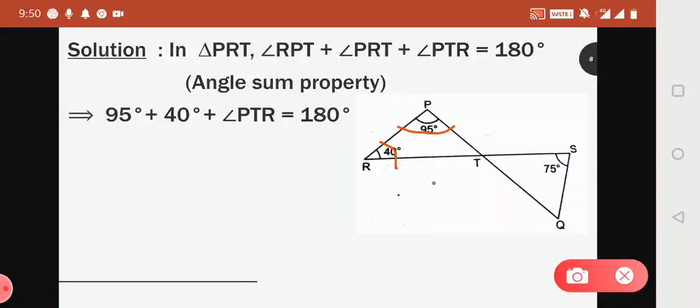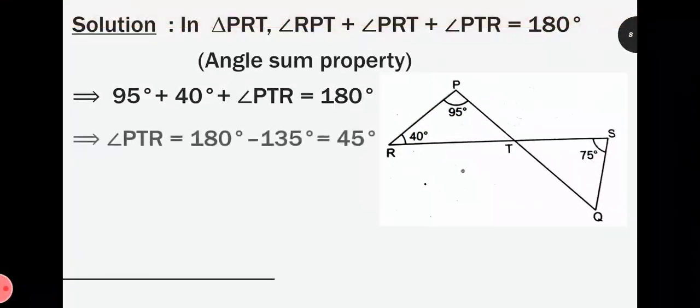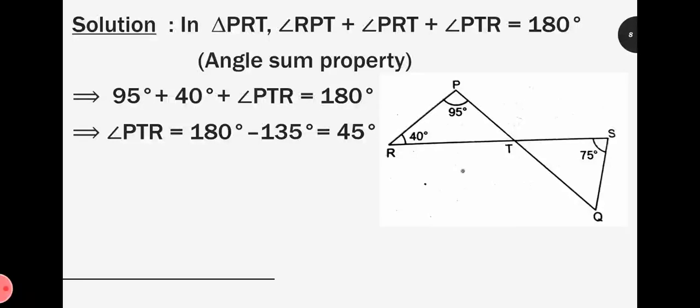So 95 degrees plus 40 degrees plus angle PTR equals 180 degrees. Further solving, we get angle PTR equals 180 degrees minus 135 degrees. 135, that is 95 plus 40, and as we transpose to the other side, plus becomes minus. So we write 180 degrees minus 135 degrees equals 45 degrees.